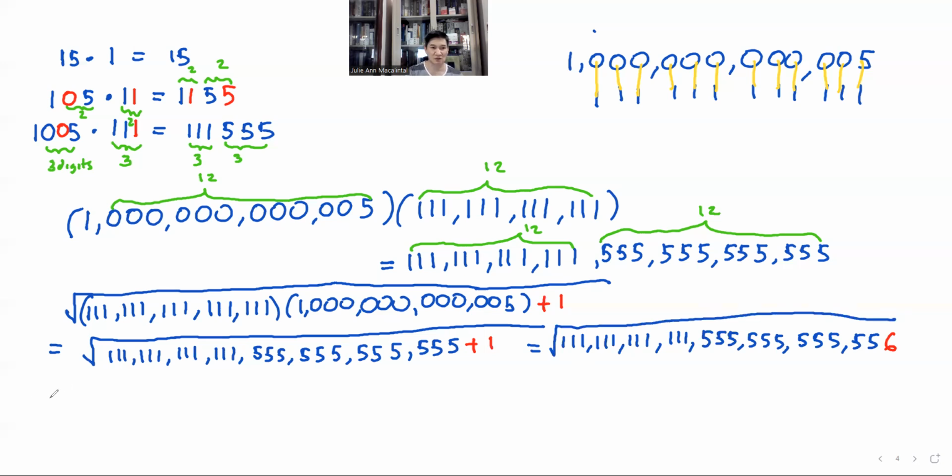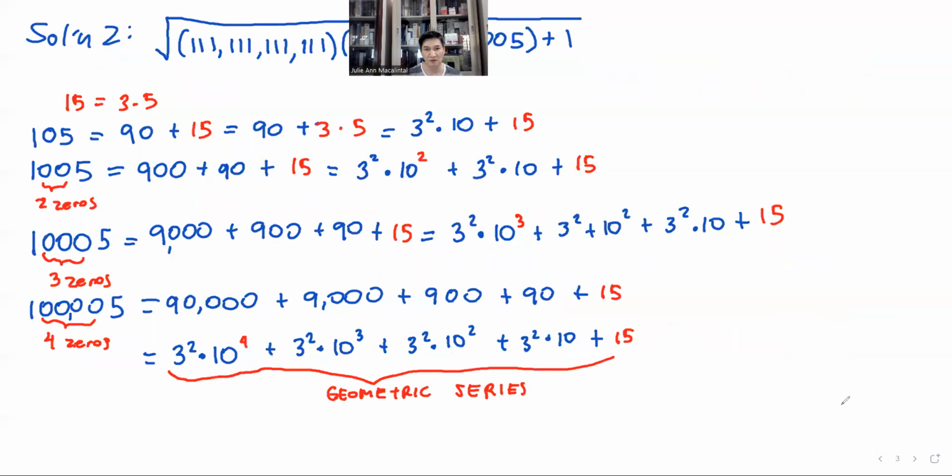Yes. But going back to our previous solution here, we noticed that this one is a geometric series, right?